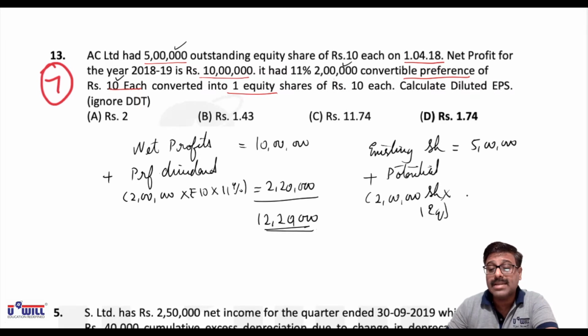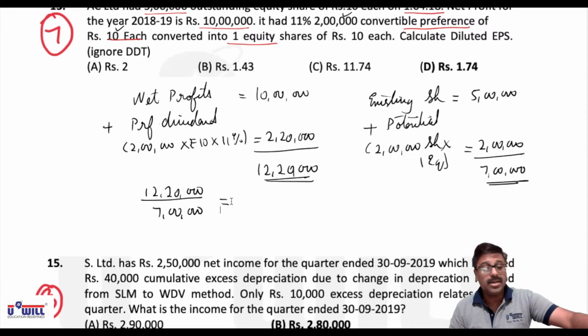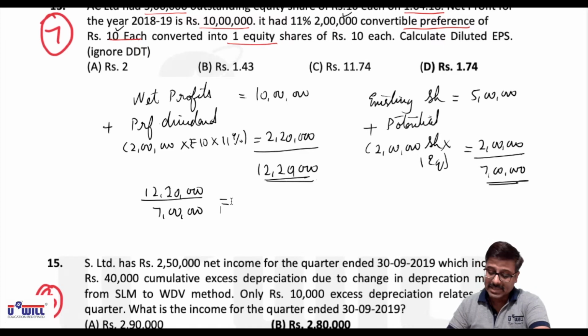So 5 lakhs plus 2 lakhs, adjusted shares will be 7 lakhs. Now if you apply the formula, adjusted profits 12,20,000 divided by adjusted shares 7 lakhs, what answer will you get? 1.742, so rupees 1.74. So option D is your answer.